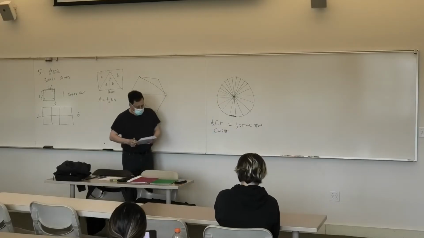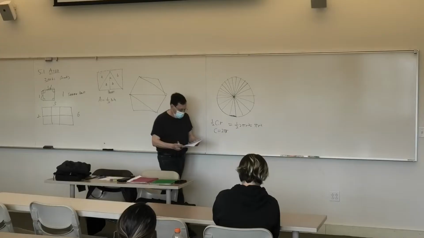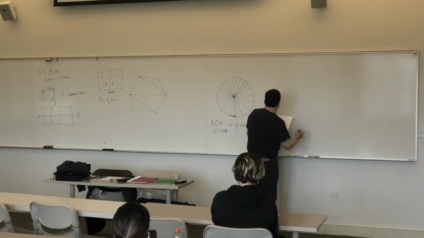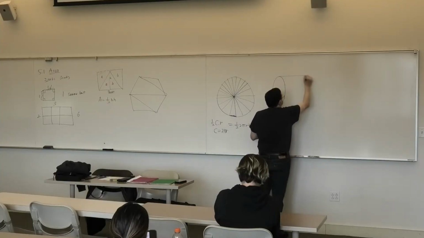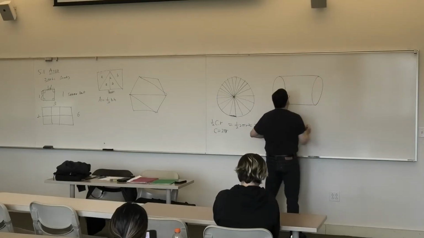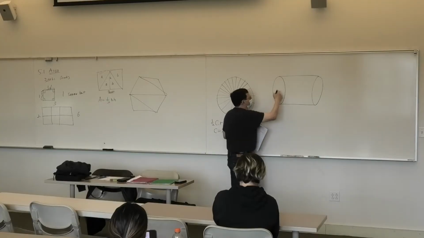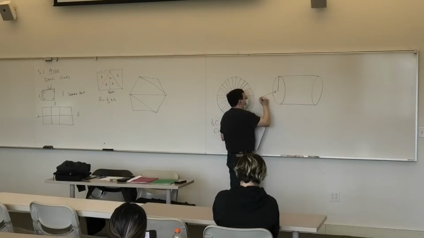All right, we're not quite done. There are other objects where we can figure out an area. Now, the cylinder: the bases of the cylinder are easy enough. Those are each pi r squared.